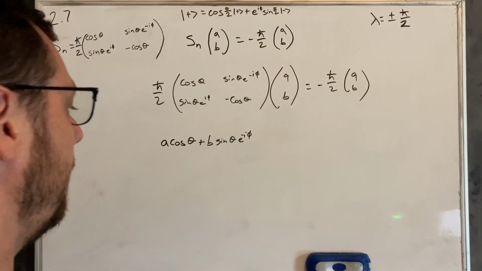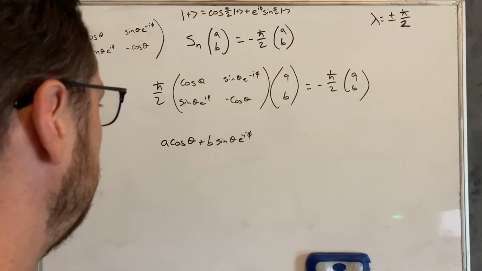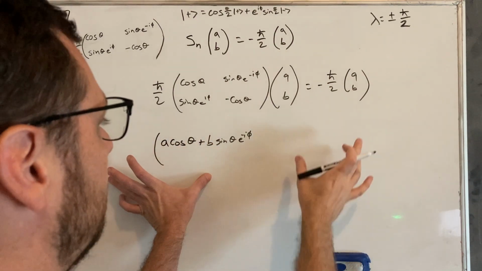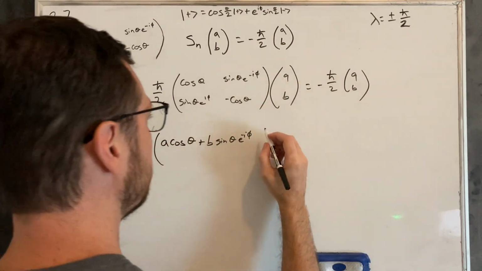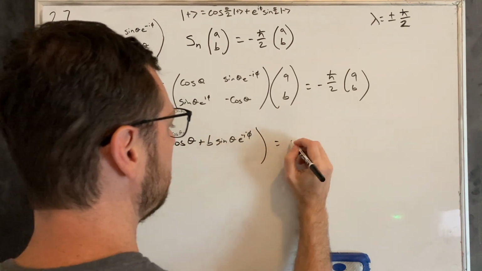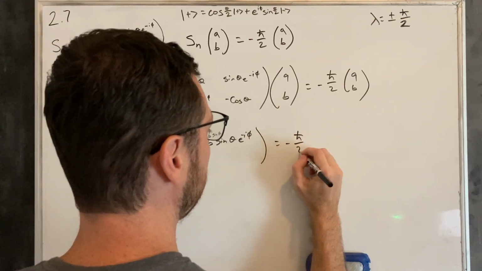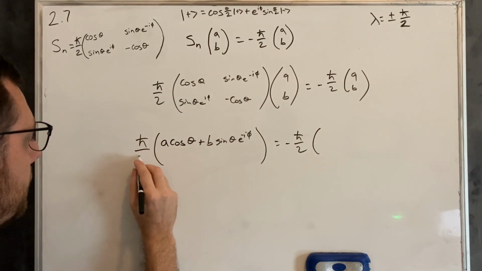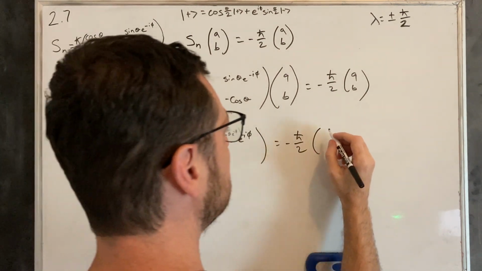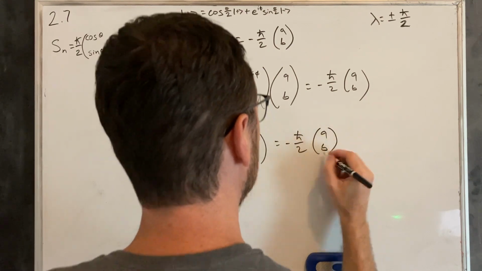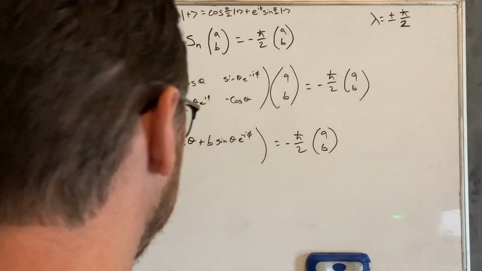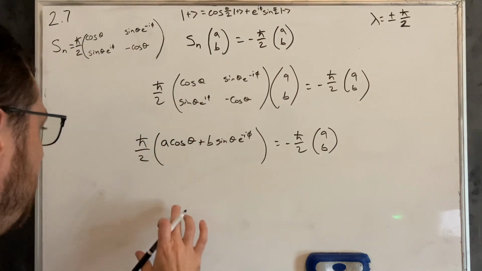All right, and so what we should get is something where this side is going to equal this here, so equals negative h bar over 2. This is going to be h bar over 2. You've got to bring this down also, a and b. We don't really need to do this b term here. It's going to end up being the same thing, so I'll just save the time.